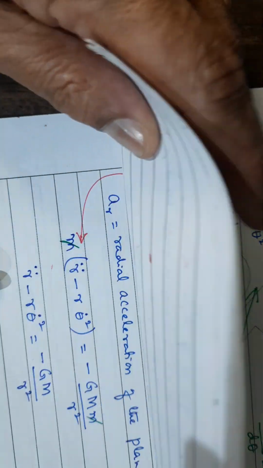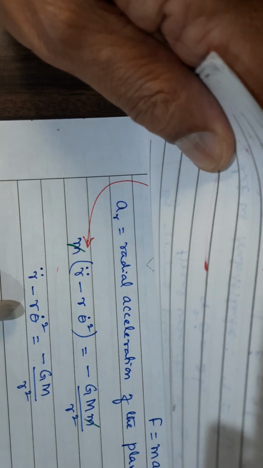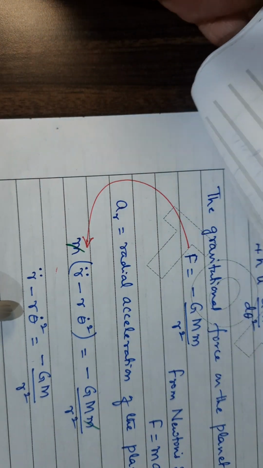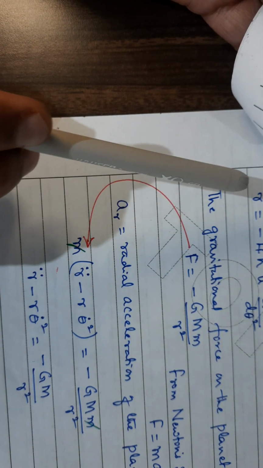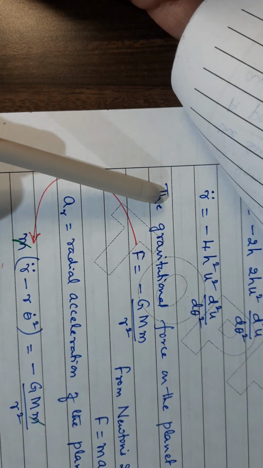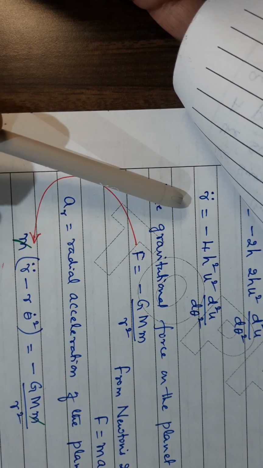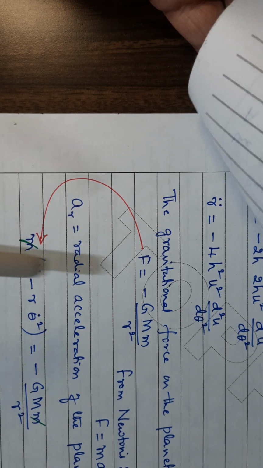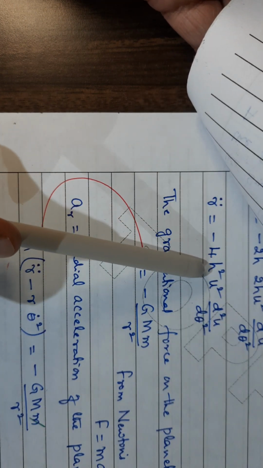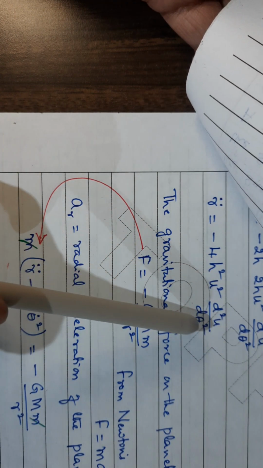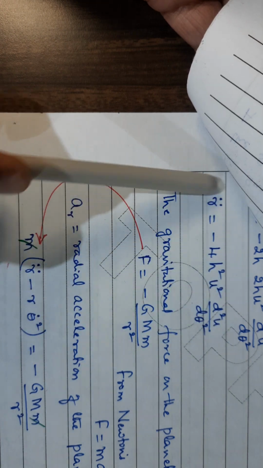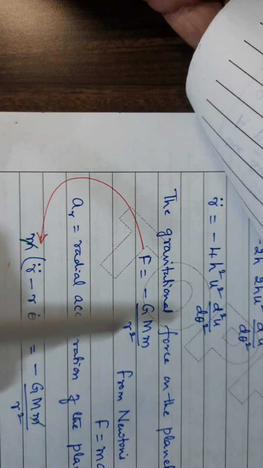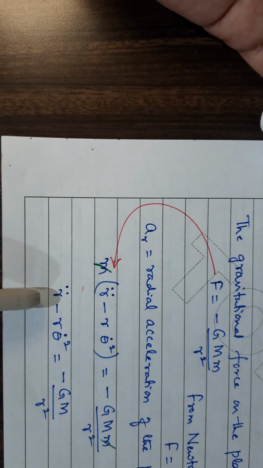r double dot minus r theta dot square. Here the r double dot value is minus 4h square u square d square u divided by d theta square. Substitute this value here.